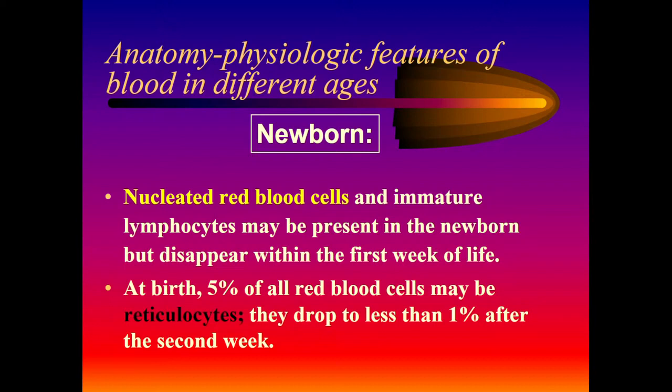They drop to less than 1% after the second week. In another age, 5% of reticulocytes is not normal, not only at birth; they may be present in the first 2 weeks of life.